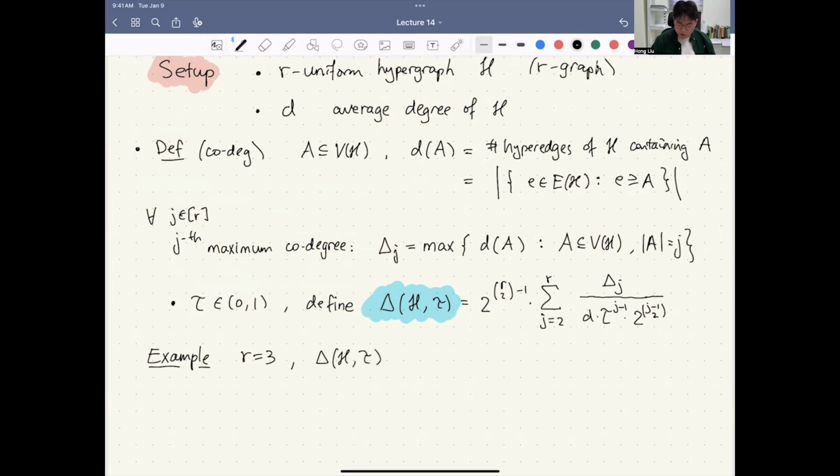Let me simplify it for you: it equals 4 times the maximum pair codegree, delta_2, divided by the average degree d times tau, plus some constant 2 times the maximum triple codegree, which is just 1 actually, since every 3 vertices lie in at most one hyperedge, divided by d times tau squared.